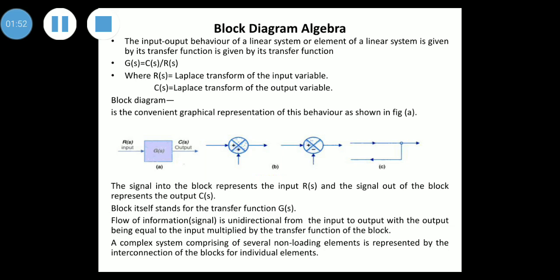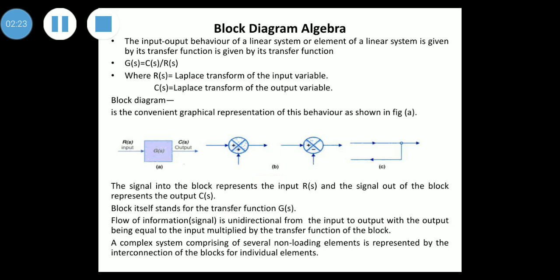The blocks are connected by lines with arrows indicating the unidirectional flow of information from the output of one block to the input of the other block. In addition, summing or differencing of signals will be indicated by the symbols shown in figure B.